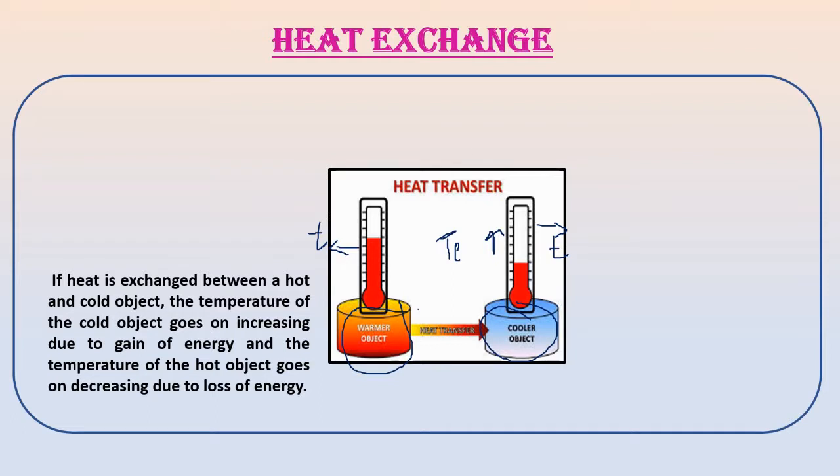I'll mark it with different arrows so it becomes easy for us to understand. So the temperature of this cooler object will increase because it has gained some heat energy, but naturally the temperature of the warmer object will decrease. Why? Due to the loss of heat energy.